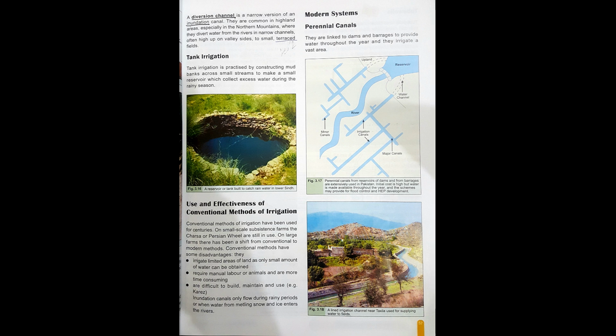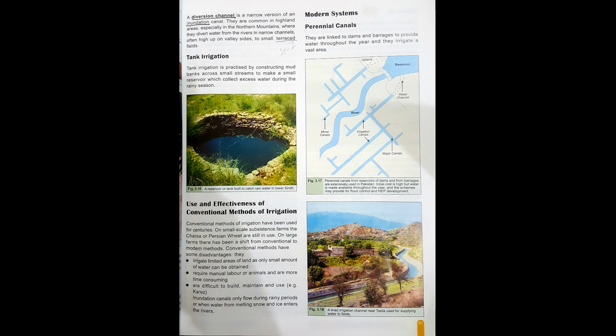They are difficult to build, maintain and use, as for example carriers are difficult to build. Inundation canals only flow during rainy periods or when water from melting snow and ice enters the rivers. So these are the disadvantages of conventional methods.